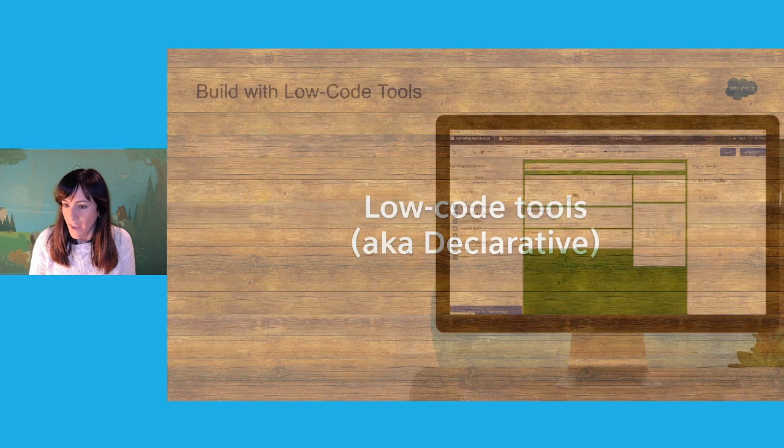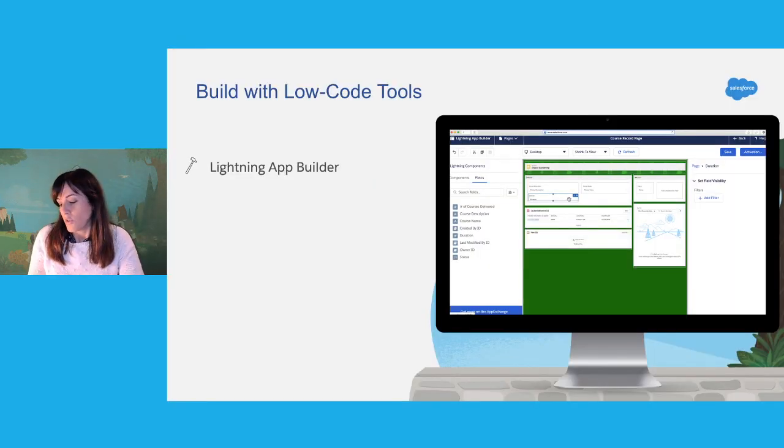And this has many benefits. We are going to see that by explaining our first tool, which is the Lightning App Builder. You are probably familiar already with Lightning App Builder because it has been there for some time, but I want to highlight which benefits of Lightning App Builder I think are most important.